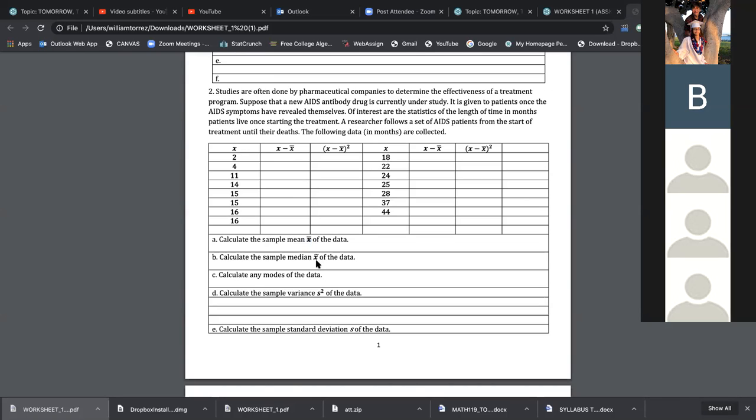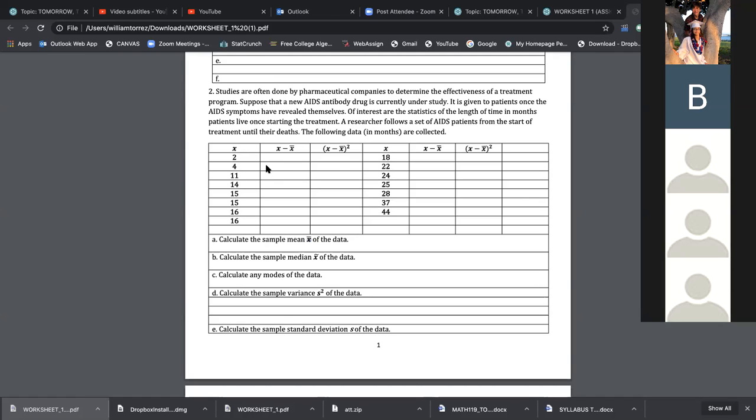We don't have our text yet, but I think you can grasp this concept. Rather than calculate the sample mean, we can calculate the median, X tilde, as another estimate of the length of time patients would survive once the treatment is started.